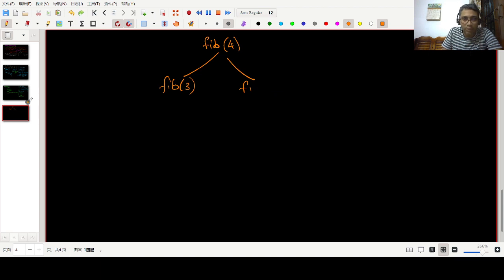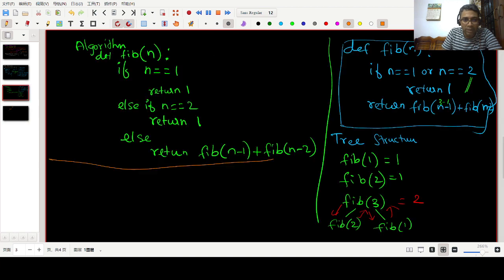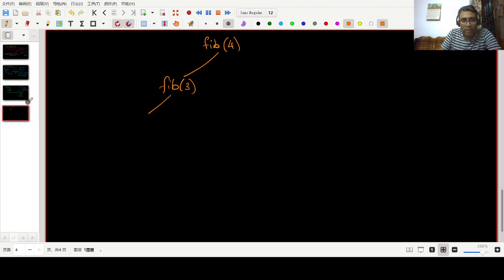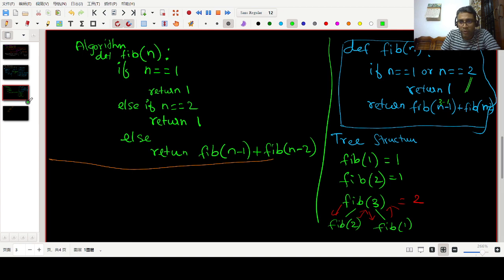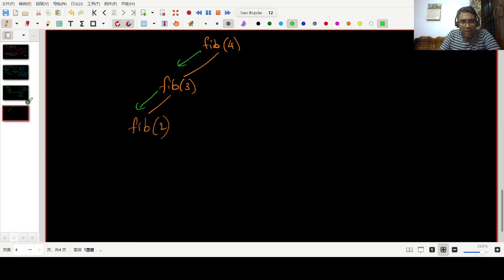Fib of 3 again branches out, because the algorithm goes left, left, left until it is over, then branches out to the right hand side. Left hand side again fib of 2. Whenever it is 2, it stops. The condition is satisfied according to the algorithm and it comes up, right? Then the right hand side.